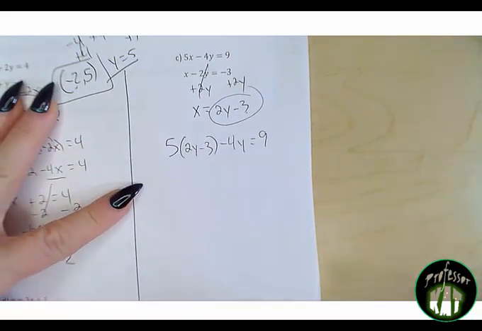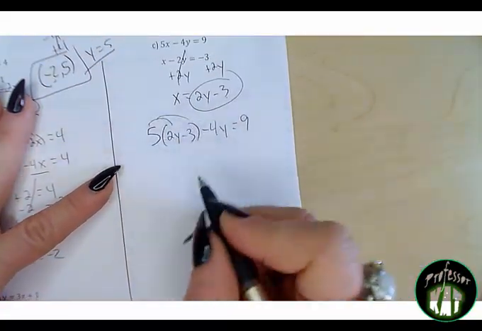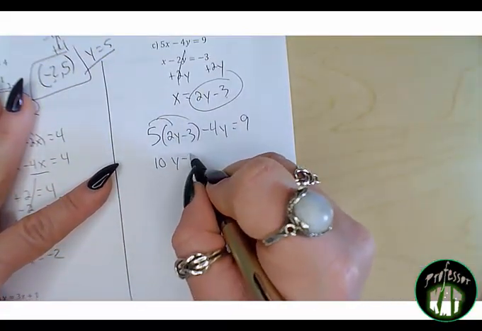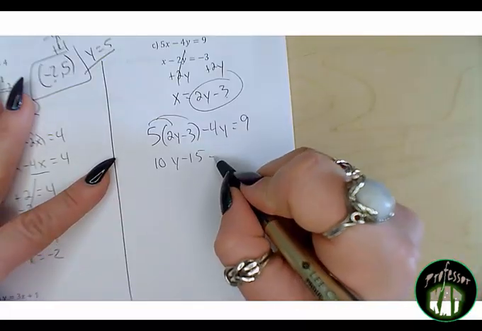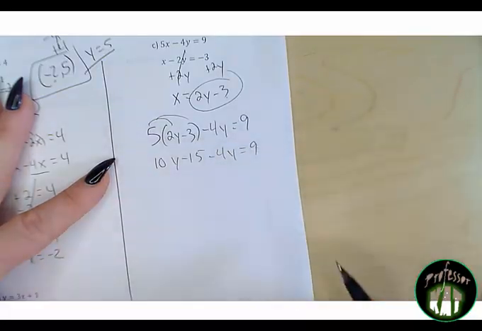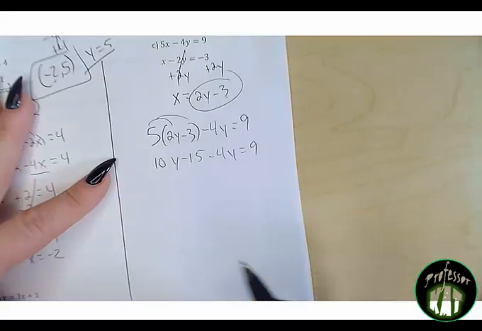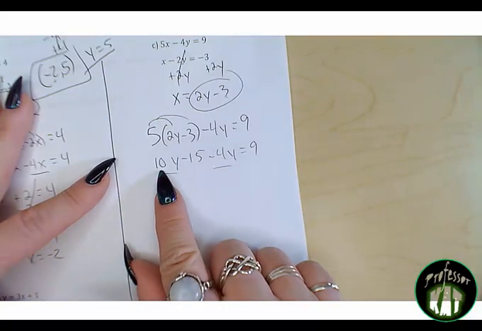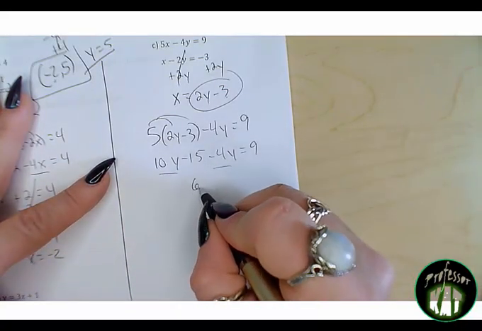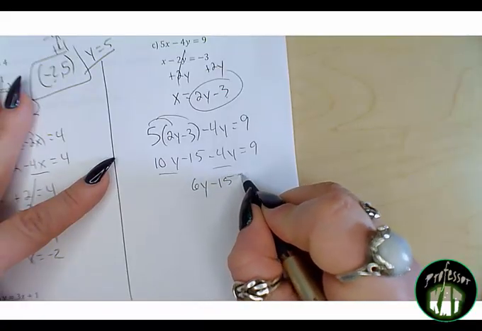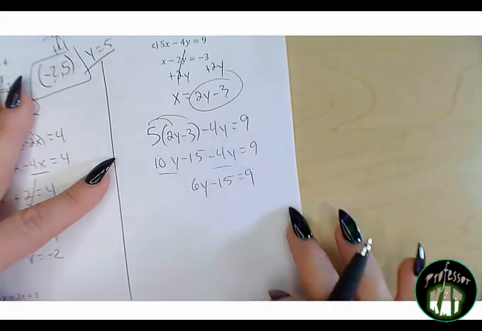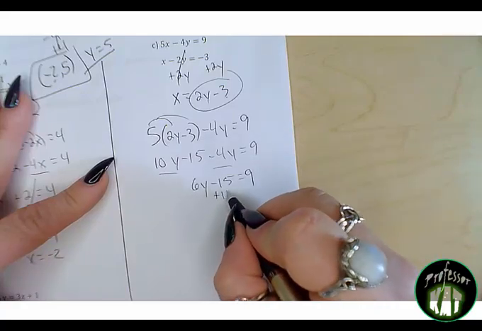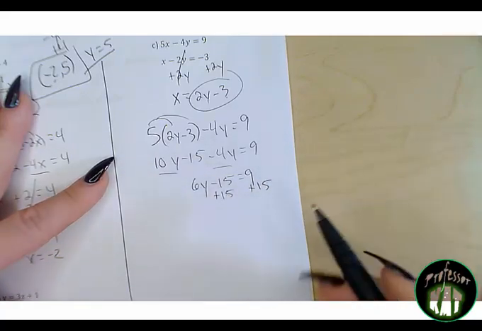Solve this equation. Distribute that 5, making that 10y minus 15, and drop everything else down. Doing some cleanup here, let's combine some like terms. 10y minus 4y is a 6y. Drop everything else down. Since I only have one variable on the left-hand side, let's go ahead and get our numbers to the right-hand side.